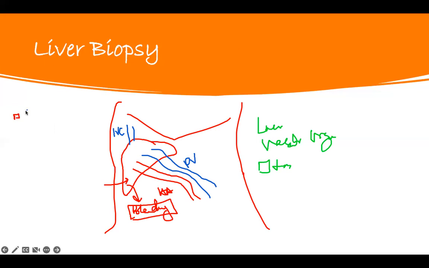Usually, you want them to avoid taking NSAIDs. NSAIDs cause bleeding, so they need to stop NSAIDs at least a few days. Like aspirin, if they're on aspirin, they should stop taking it for 7 days.